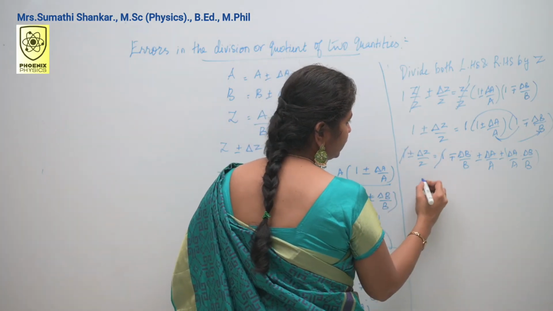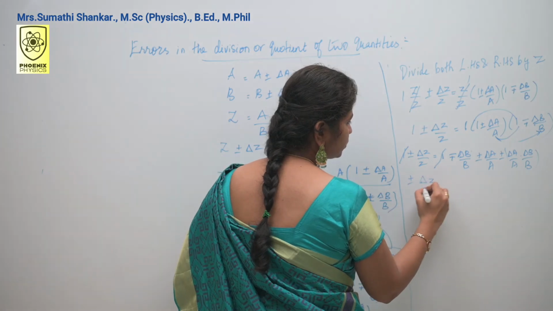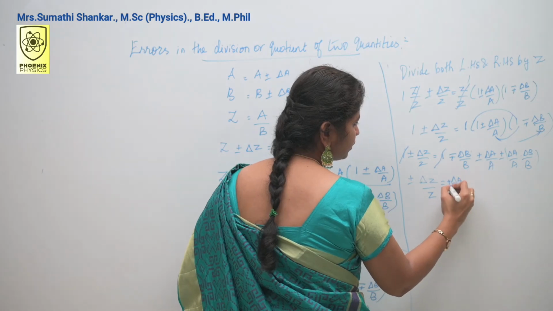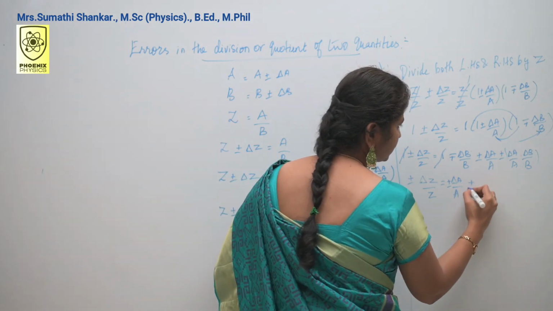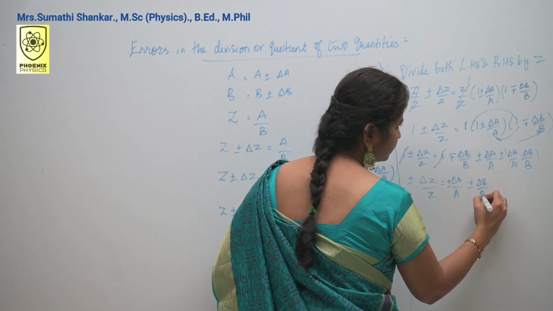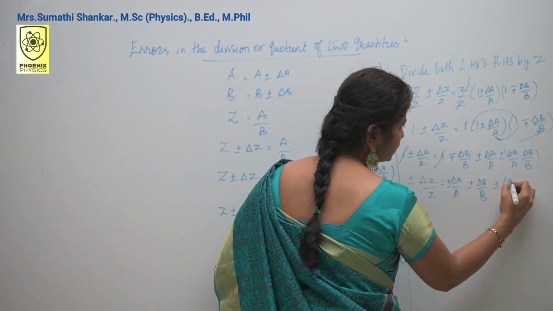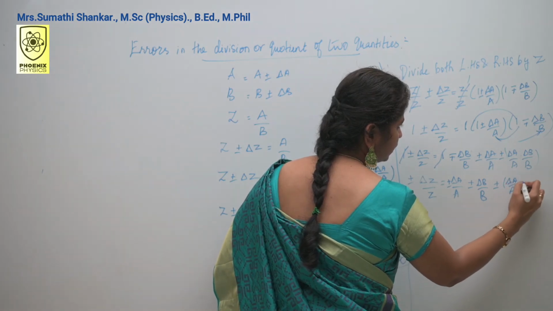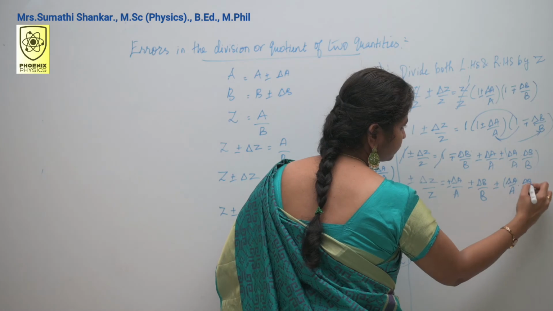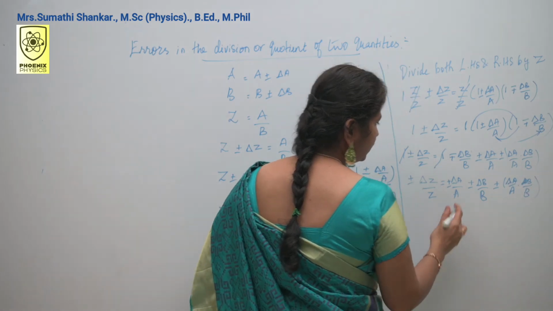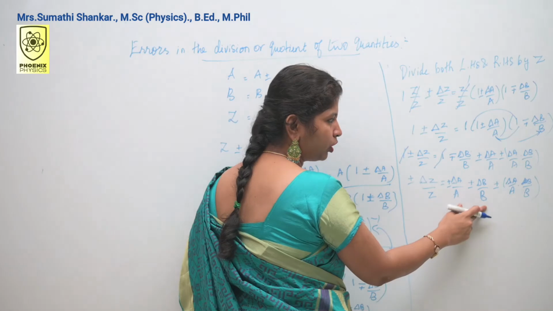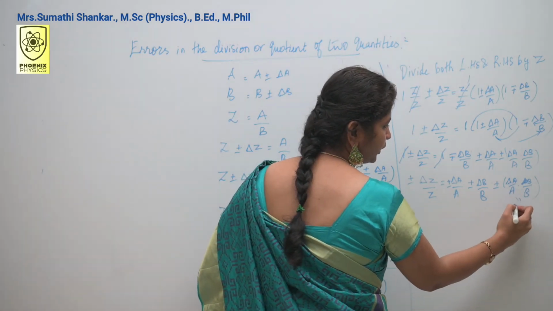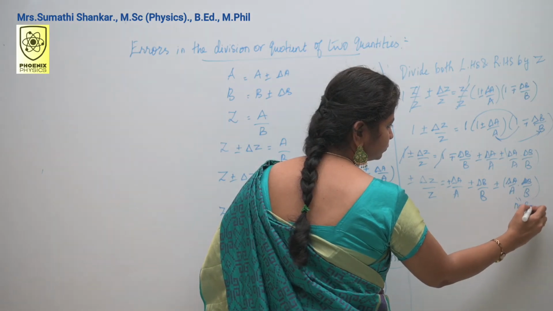So how do you write? Plus or minus delta Z by Z is equal to plus or minus delta A by A minus or plus delta B by B minus or plus delta A by A into delta B by B. These terms are small, so the product is also small, so we can neglect this product.